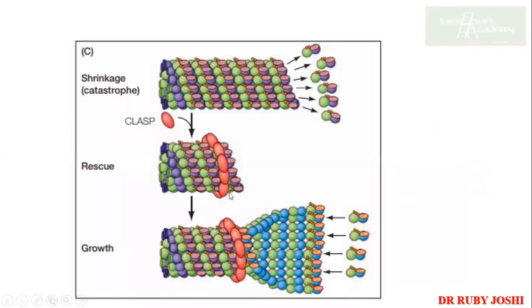Then these CLASP proteins will come and help in the rescue. So what will it do? It will not let it dissociate. Since it is GDP bound, it should be dissociated, but with the help of the CLASP protein, it will not get dissociated. It is prevented, and using this as a base, more new GTP bound tubulins will be recruited for polymerization. Yes. Any doubt?